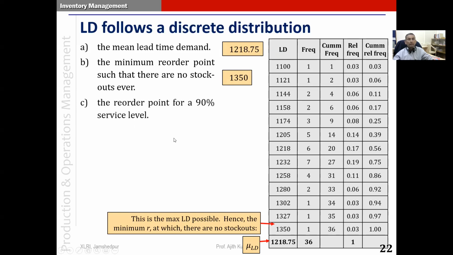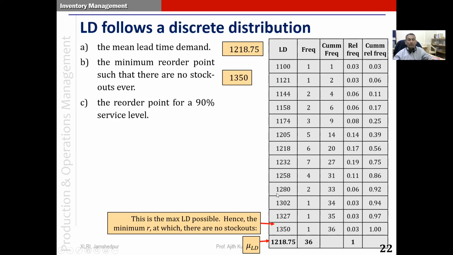Part C asks us what is the reorder point for a 90% service level. Okay, so which means 90% of the time we should not have a stockout. Or it means that at least 90% of the time, the lead time demand must be less than or equal to the reorder point. So what should that reorder point be? If we examine these values and the corresponding cumulative relative frequency values, we see that 0.9 is reached only when we get to this row, and this row has a lead time demand of 1,280.